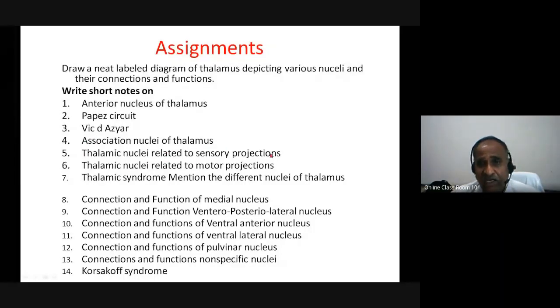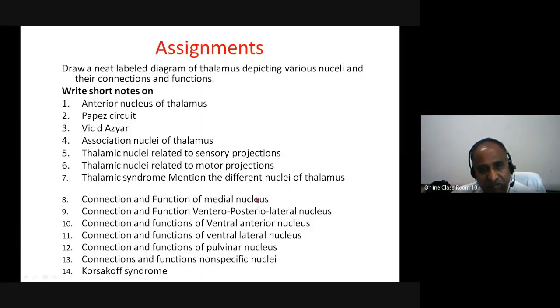Thalamic nuclei related to the sensory projections. Thalamic nuclei related to the motor projections. The ventral anterior or ventral lateral nucleus. Thalamic syndrome and mention the different nuclei of thalamus; these are two parts. Just mention the names of the nuclei.